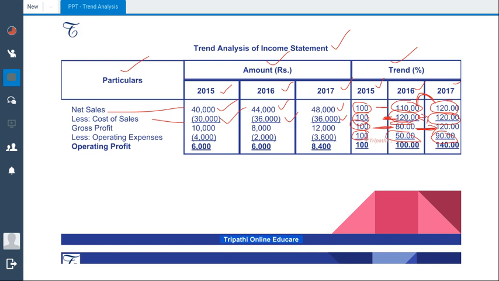Overall, we can say that you are controlling your operating expenses. So there is a control in the operating expenses. Because of this, if you see the operating profit, there is no change in 2016, but it has increased to 140%. That means increase of 40% in the year 2017. Although in 2016 there is no change, but it went up to 140% in 2017.